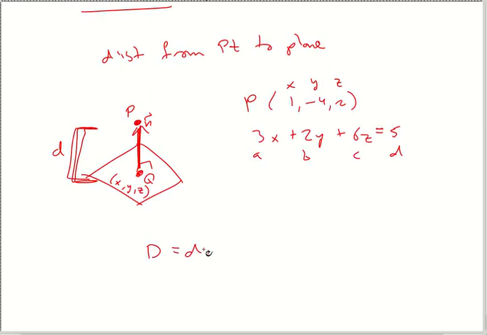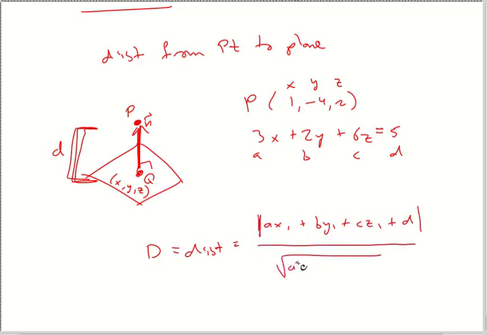Capital D, which is your distance. I'm just going to go ahead and give it to you. Ax1, which means that guy right there, and then By1 plus Cz1 plus D, and then that's the absolute value of that thing, all divided by the square root of A squared plus B squared plus C squared, and that's it.